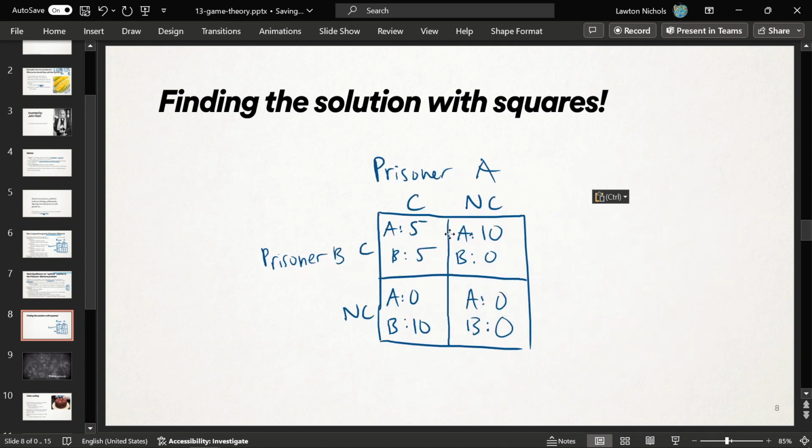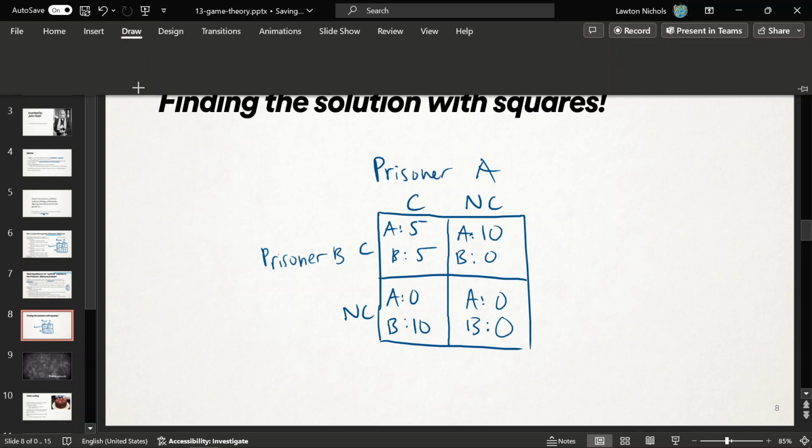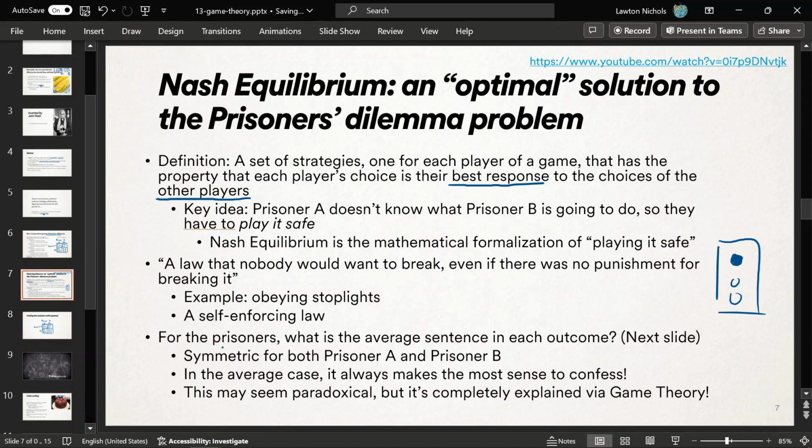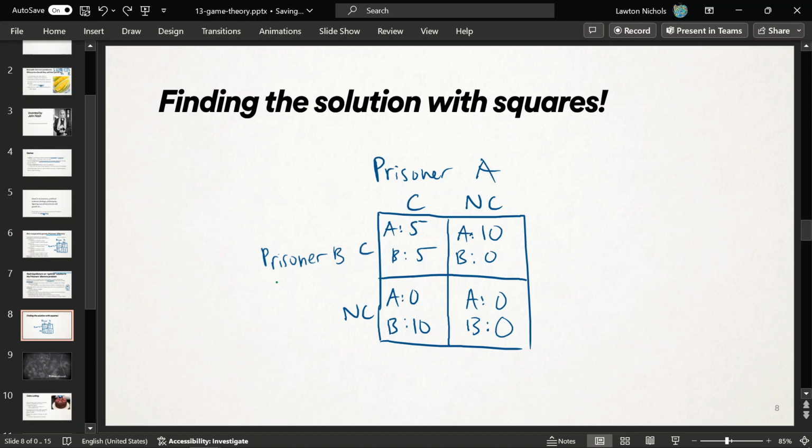All right, so here's our little grid, and let's consider it from prisoner A's point of view, because it's symmetric for prisoner B. What we're going to do is calculate the average sentence in each outcome. You could do it from prisoner B's perspective, but we want to calculate the average outcome in each case.